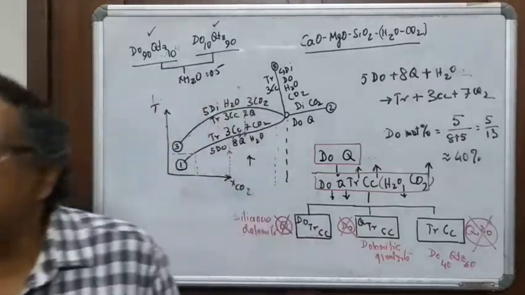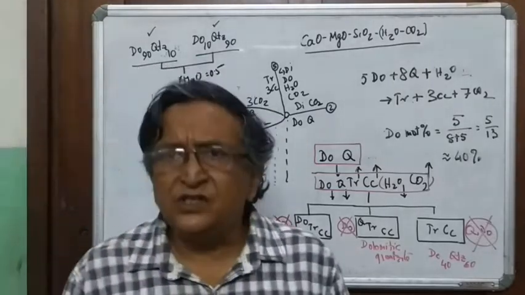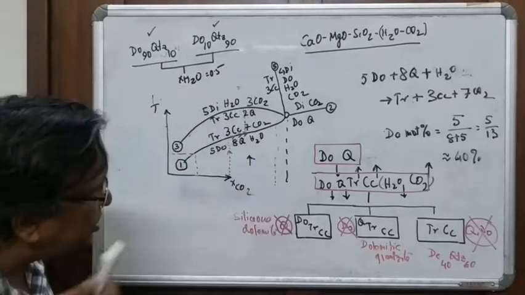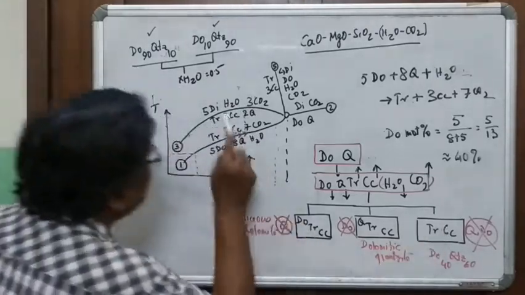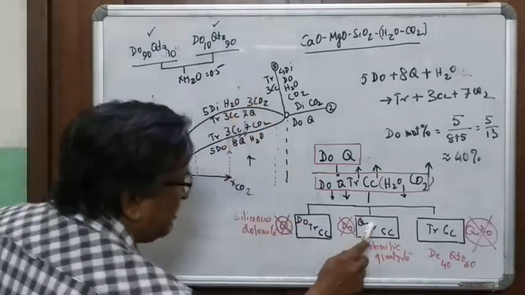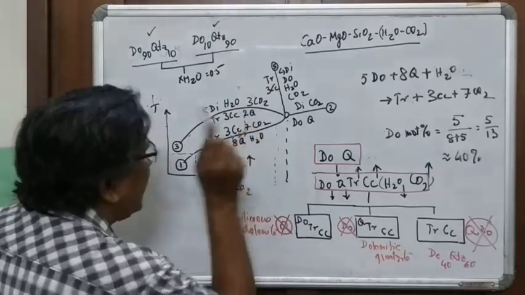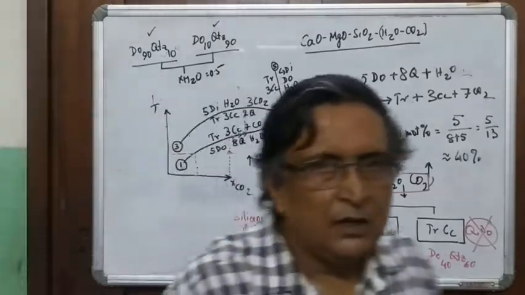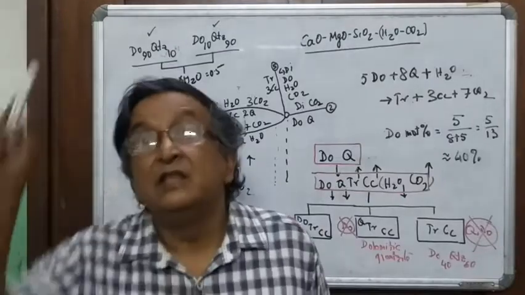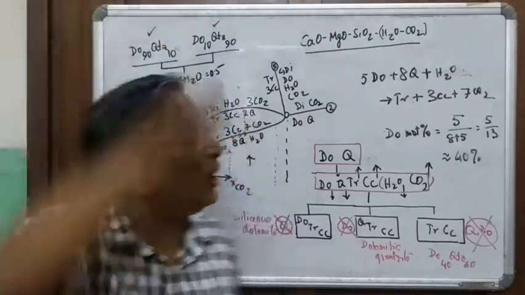What controlled this? In these two cases the reaction is overstepped, but in this case the reaction will occur. What controlled it? The bulk composition of the rock.